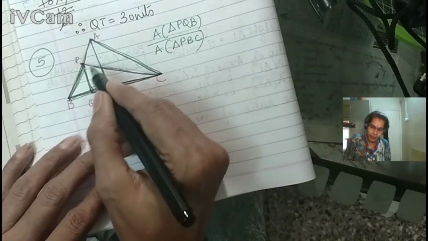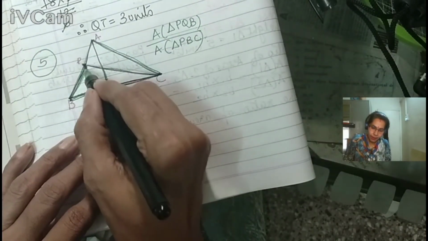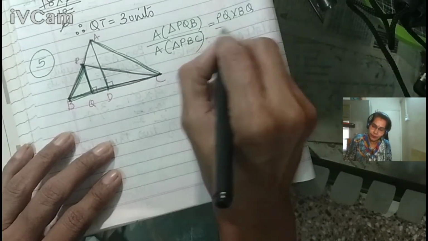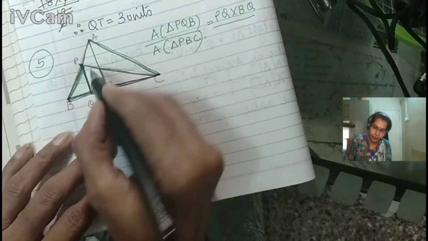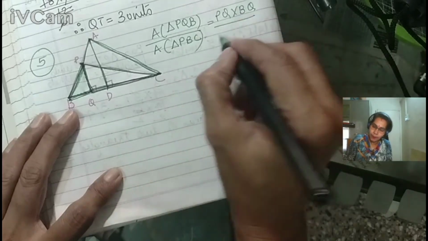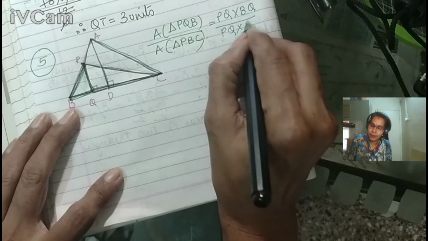In case of PQB, height is PQ into BQ base, PBC is PQ into BC.